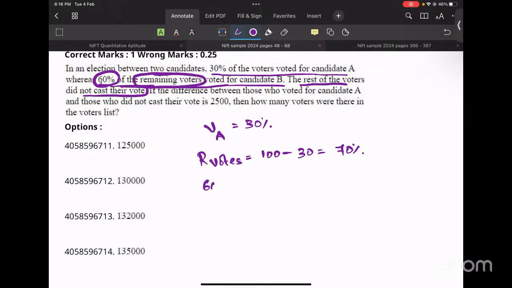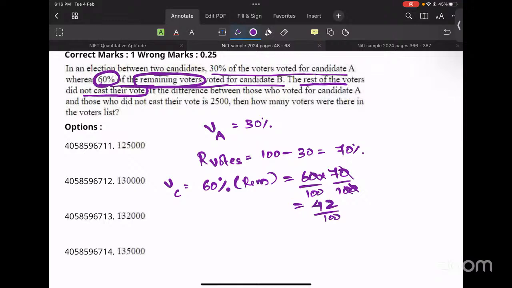What is got by candidate B? B equal to 60% of remaining. That means 60 into 70 by 100. So you can cancel these zeros. So 42 by 100, that is equal to 42%. Okay, fine. So total now 72%.